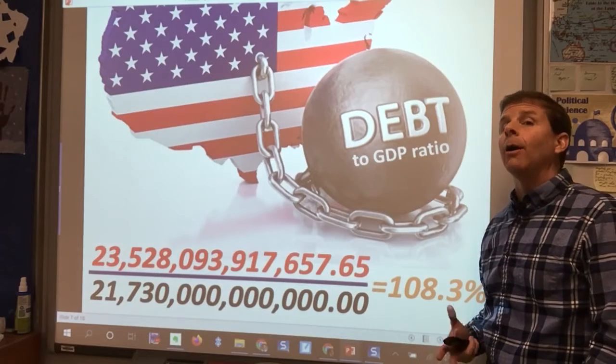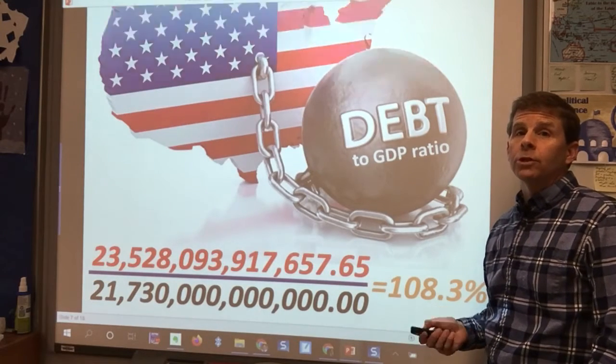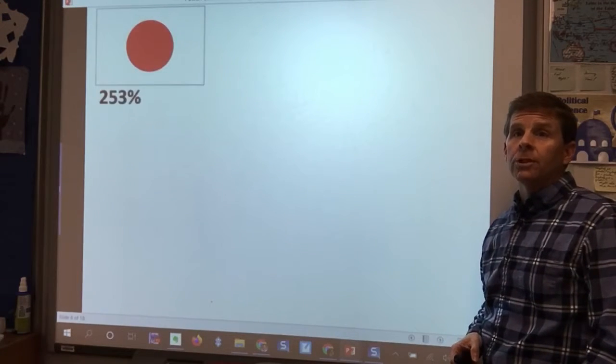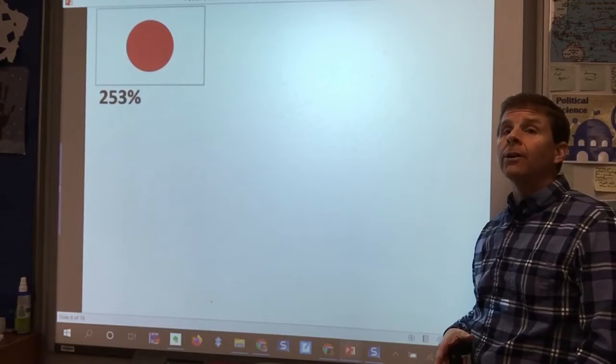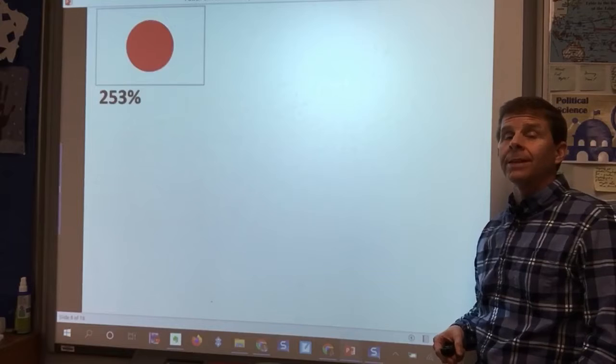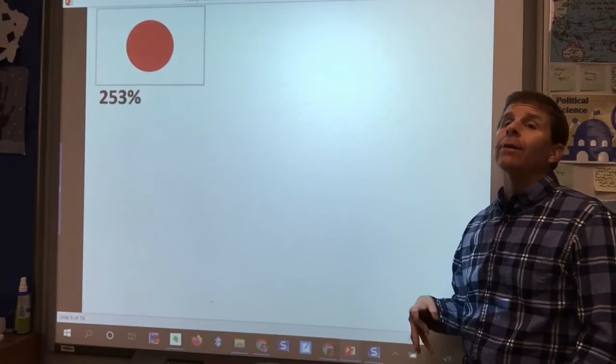So how does that compare to other countries around the world? Well, number one, it would show you we're not the biggest national debt in the world. The biggest national debt in the world is Japan, coming in at over 253%, meaning their national debt is more than double their GDP. And admittedly, they are an outlier.